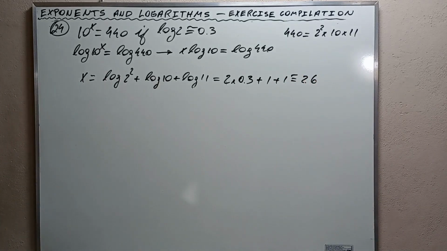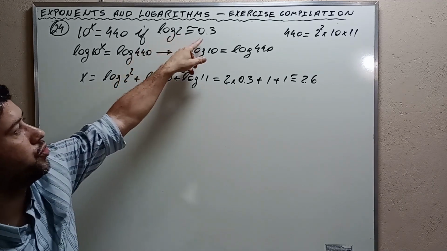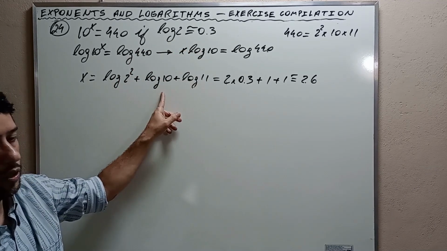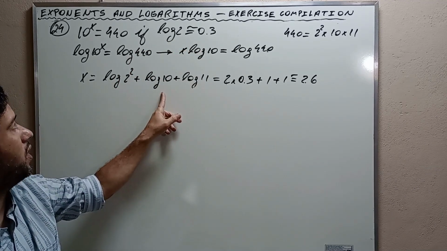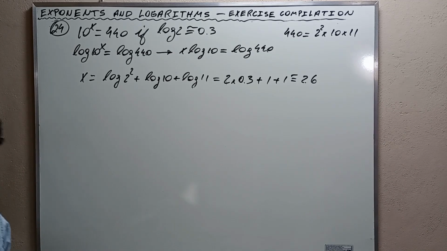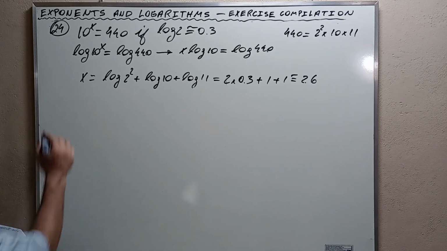Then if we can approximate the logarithm of 2 to 0.3 and the logarithm of 11 to the logarithm of 10, we find that x in this expression here is equal to 2.6, okay? And this is all for exercise 24. Let's go to exercise 25.